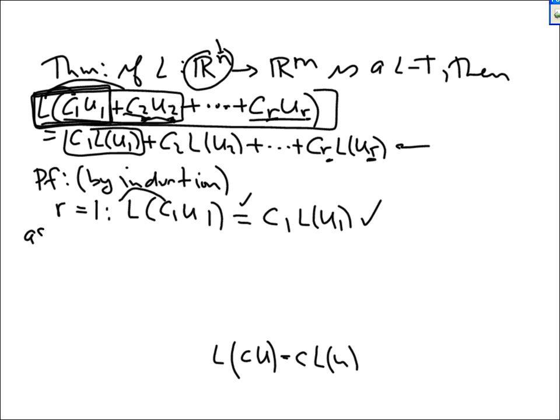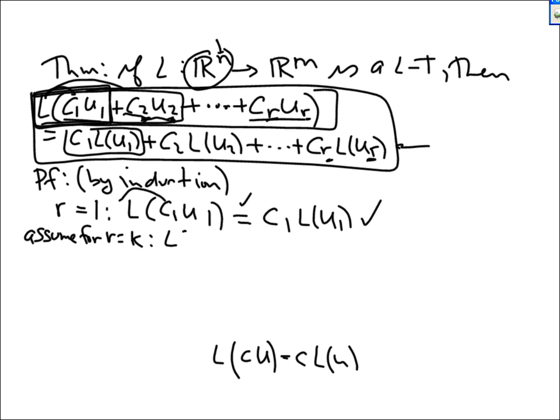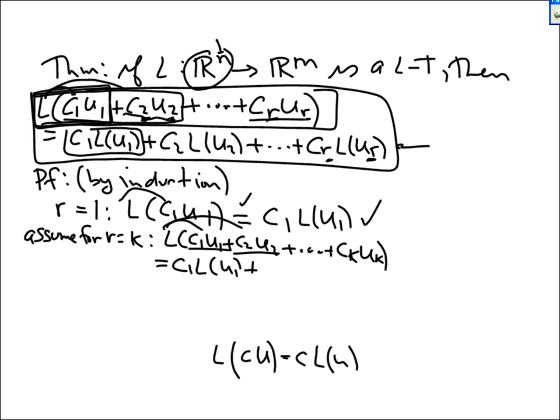Now we assume it for R equals K. We claim this is true all the way up to R equals K. That is L of C1U1 plus C2U2 all the way up to CKUK is nothing more than C1 L of U1, plus C2 L of U2, plus all the way down to CK L of UK.